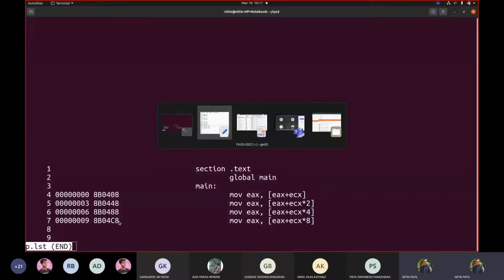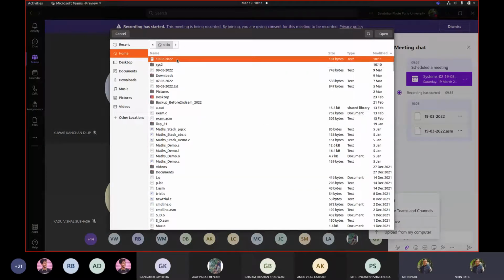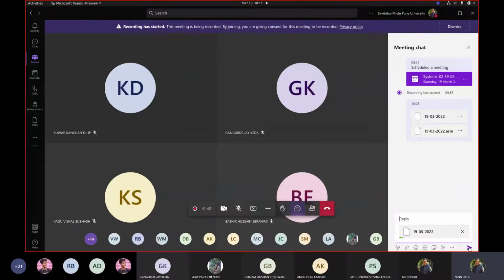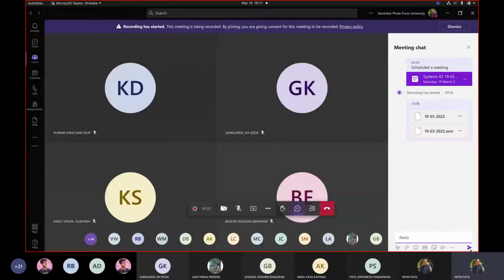Okay, let me remove that file first. Let me overwrite this. Replace. Yeah, so now we have something concrete with us with respect to ModRM.